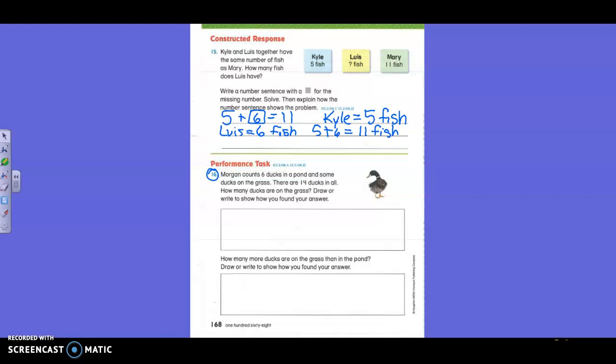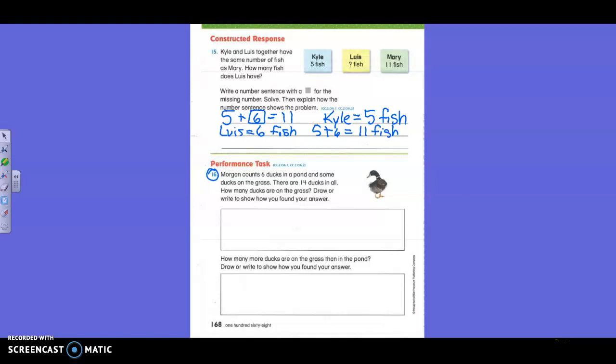There are 14 ducks in all. How many ducks are in the grass? Draw or write to show how you found the answer. Well, we're going to do both.